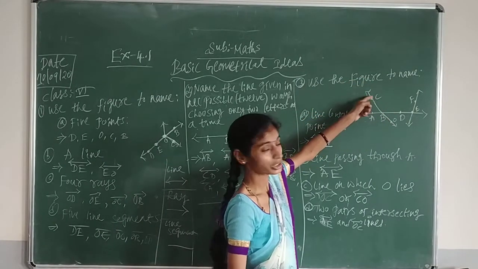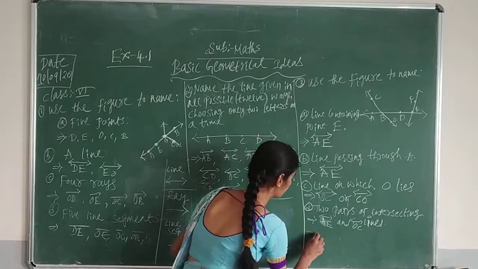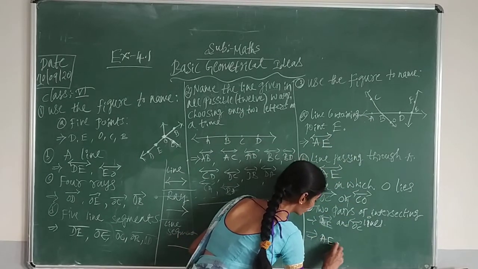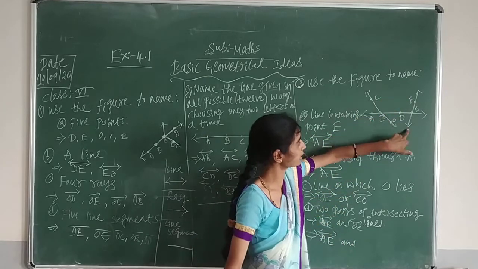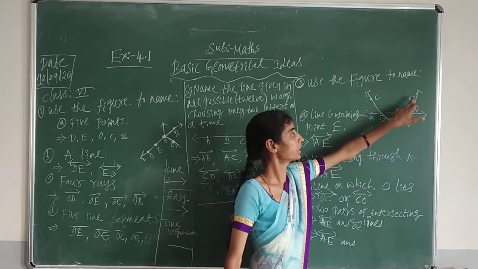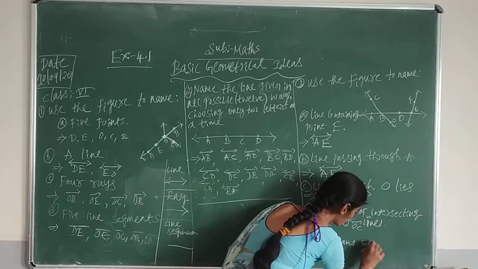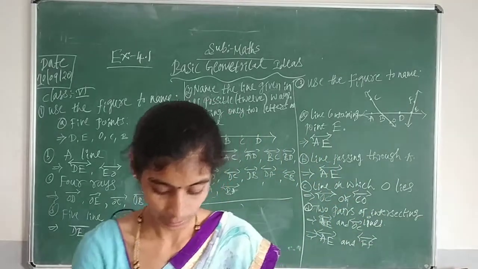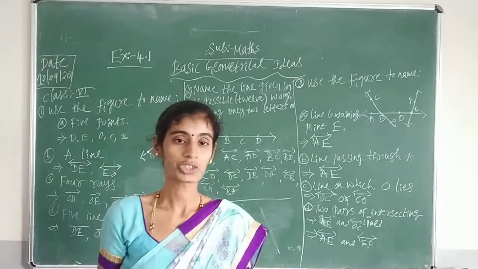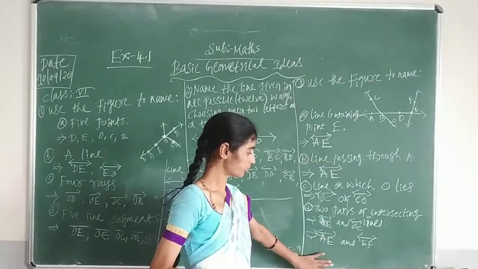You can write OC or CA is one pair. Next, second is again AE, and you should take this line. What is this line, children? EF is the intersecting line. So intersecting lines means the lines should cross each other. Okay. So this is all about the third question.